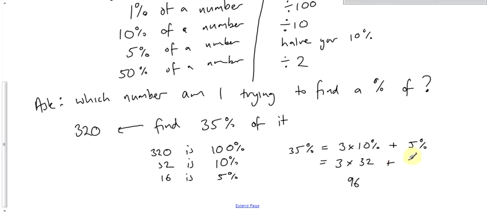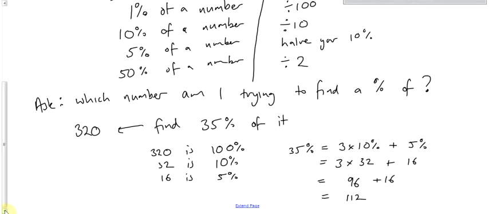And 5% is 16. And we add the 16 there. So 35% is 112. And there we go. That's really as simple as they come.